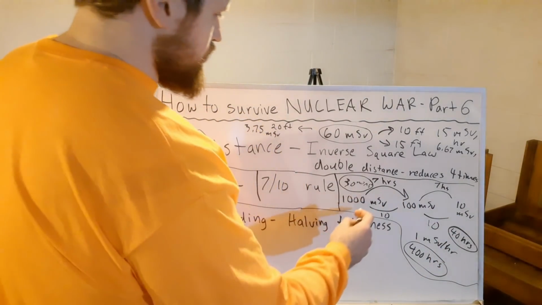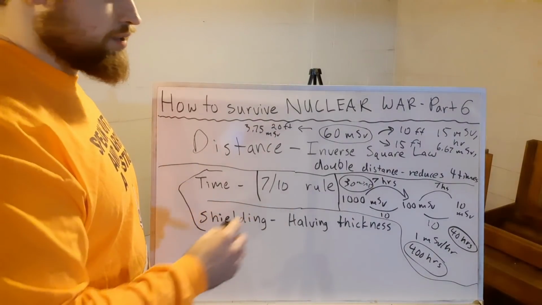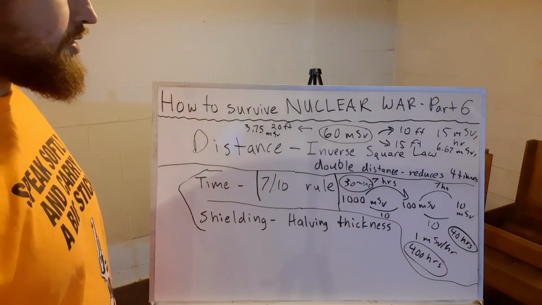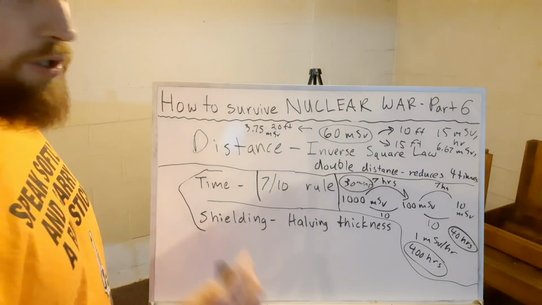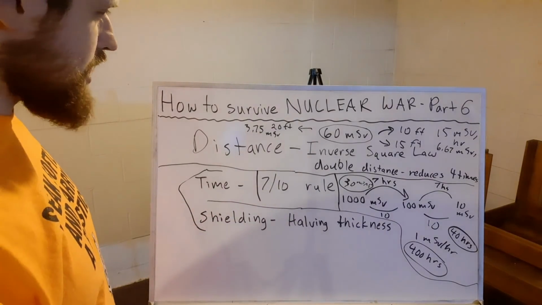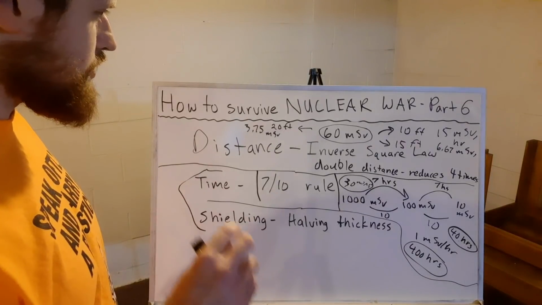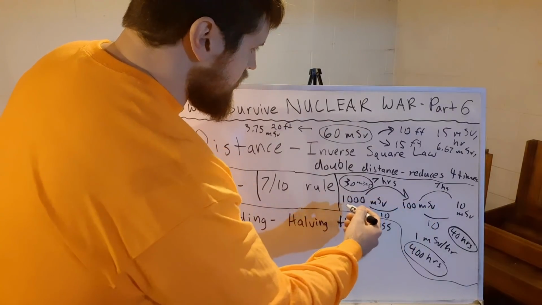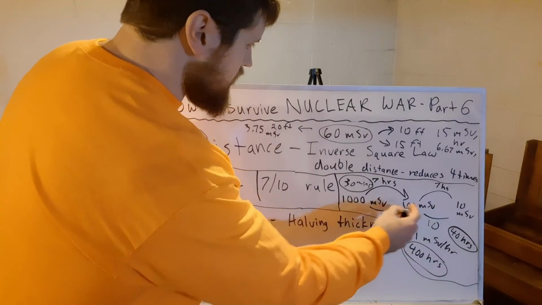So remember this rule, and you can use this to calculate the radiation if you ever do have to survive a nuclear attack. Okay, but the first 2 days are absolutely essential. You have to be in a suitable shelter the first 48 hours so you can survive this early fallout. They call this the early fallout.